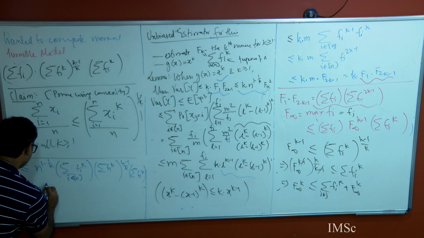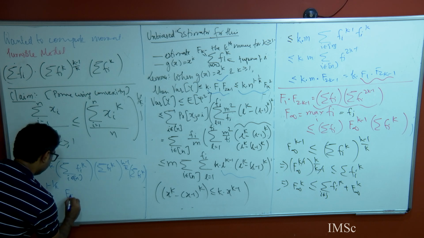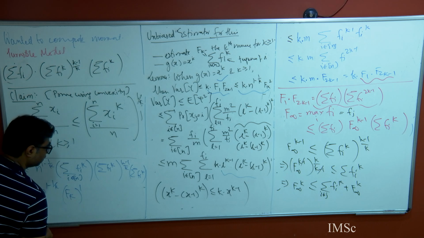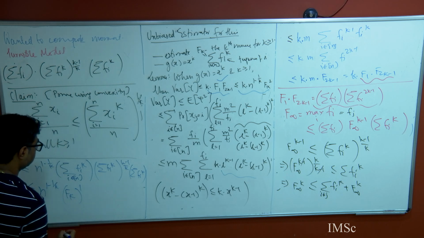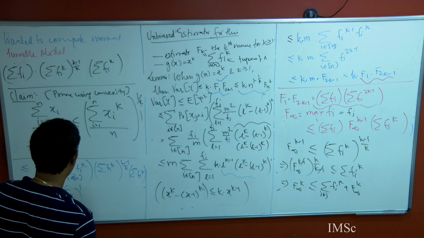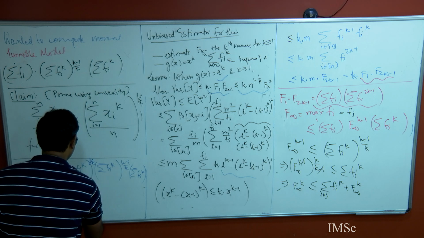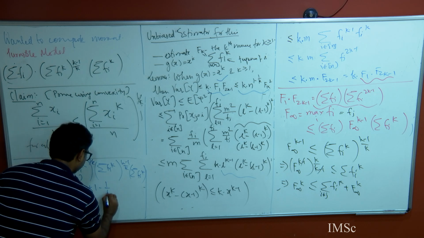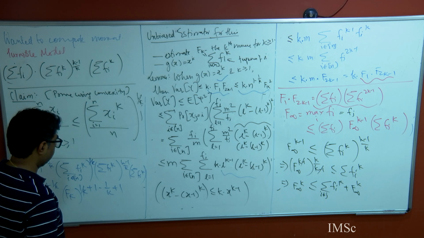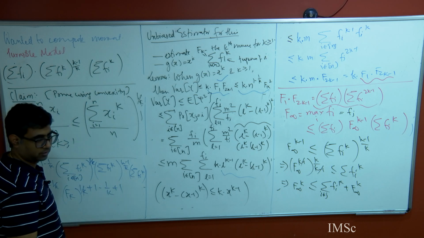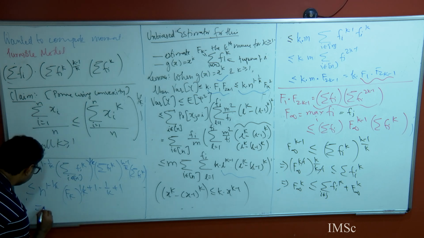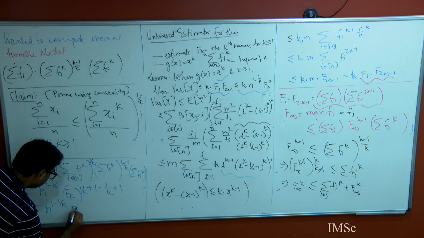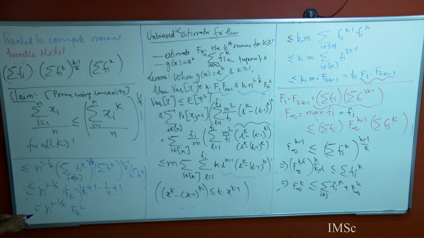So this is n to the power 1 minus 1 by k, f_k, what is this? Oh, sorry, this is 1 over k, right? So this is 1 over k plus 1 minus 1 by k plus 1, right? Each of them are the same object, right? So what do we get? n to the power 1 minus 1 by k times f_k squared. Okay, question.